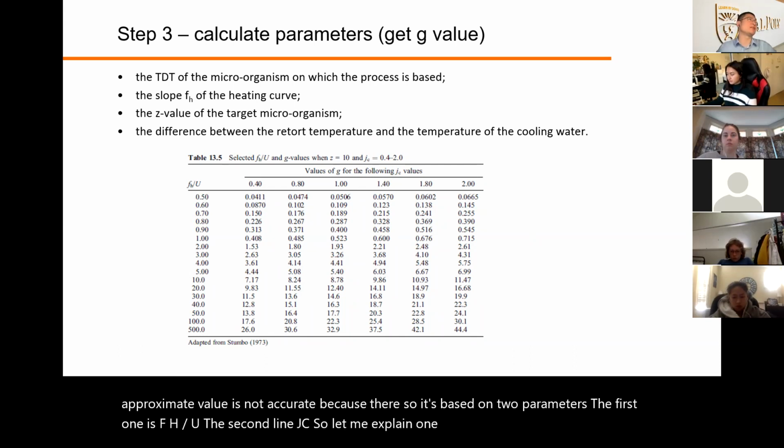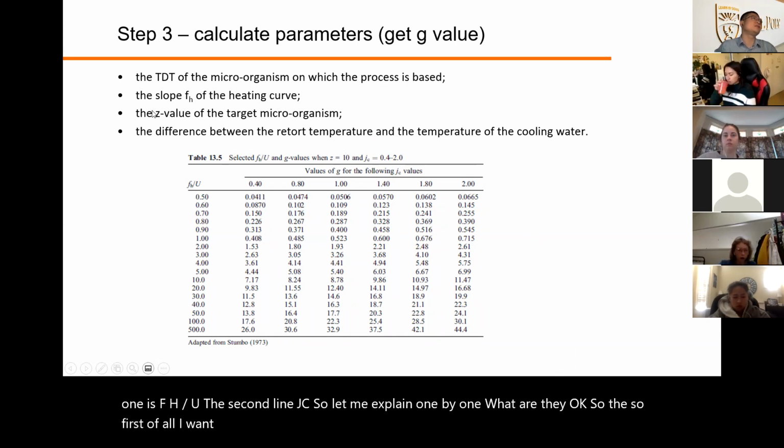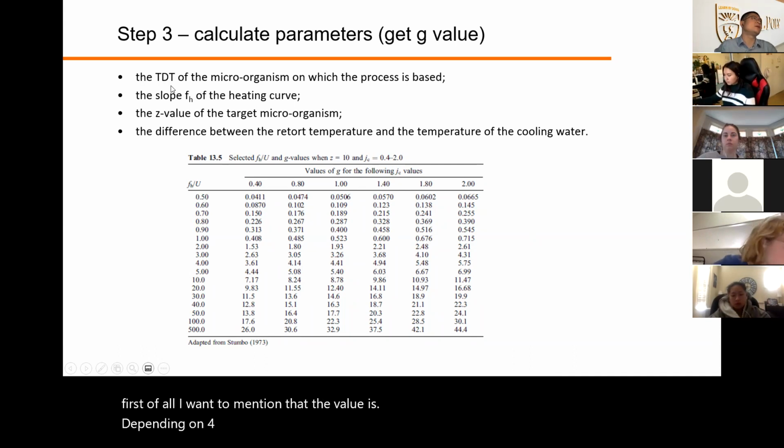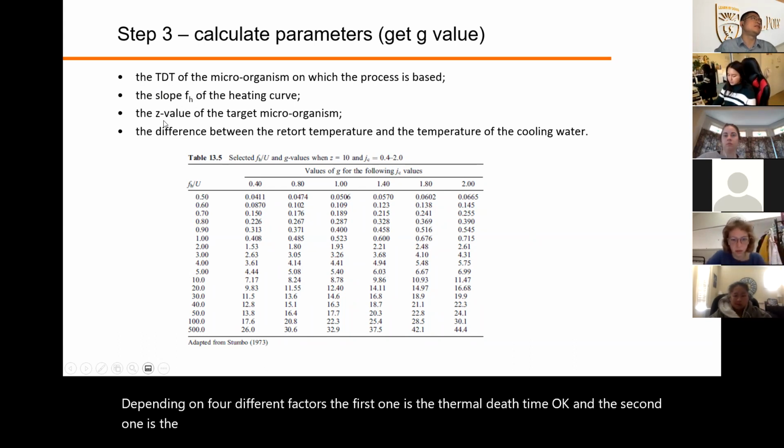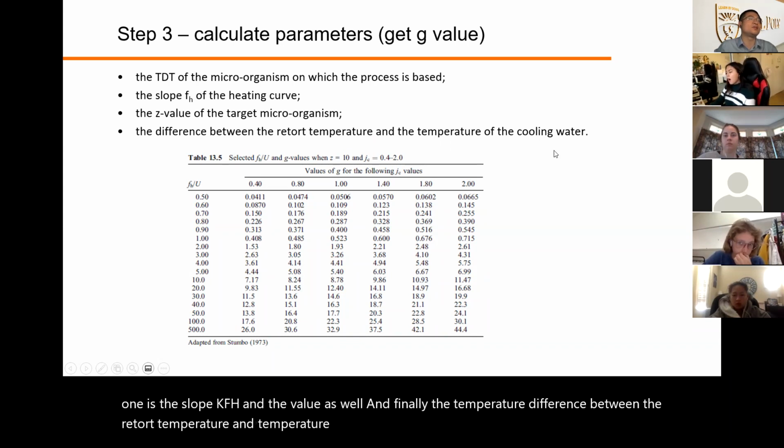First of all, I want to mention that G value is dependent on 4 different factors. The first one is the thermal death time, and the second one is the slope, FH, and the Z value as well. And finally, it's the difference between the retort temperature and the temperature of the cooling water.